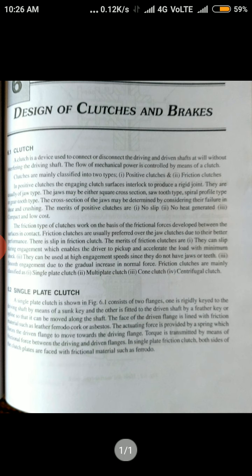The single plate clutch is generally used for larger vehicles such as four-wheelers, trucks and buses, where the space available is more. The multi-plate clutch is used in scooters and bikes because it requires less space. Now we will see the notations used for the single plate clutch, or clutch plate in general, and then we will go for problems.